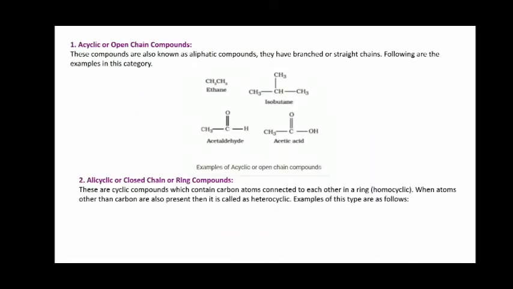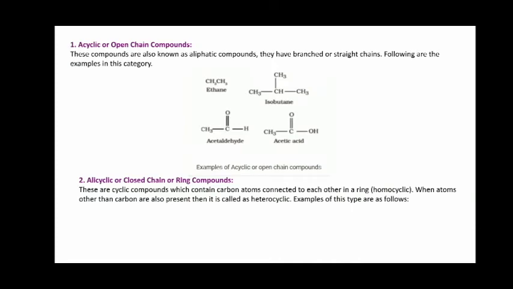Now let's have the first one, acyclic or open chain compounds. These compounds are known as aliphatic compounds. They have branched or straight chains. We are going to see the examples. So we have the simple examples, methane, then followed by ethane here. Then if you want to write butane, we can represent the different series of structures for that.